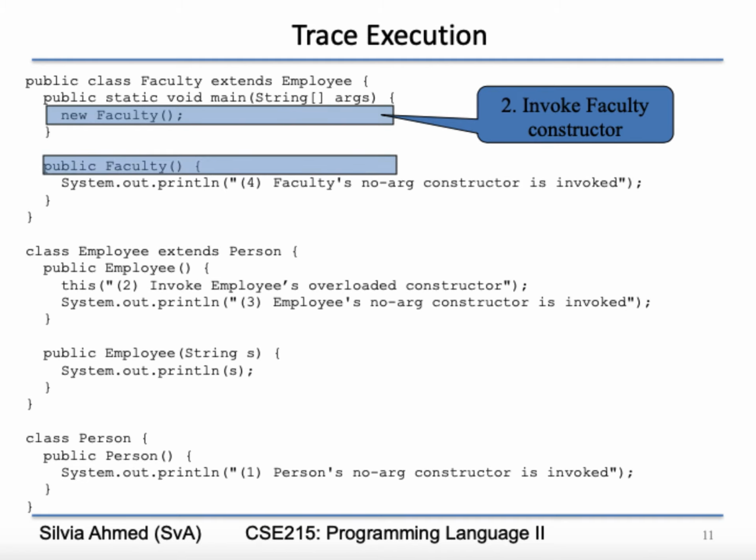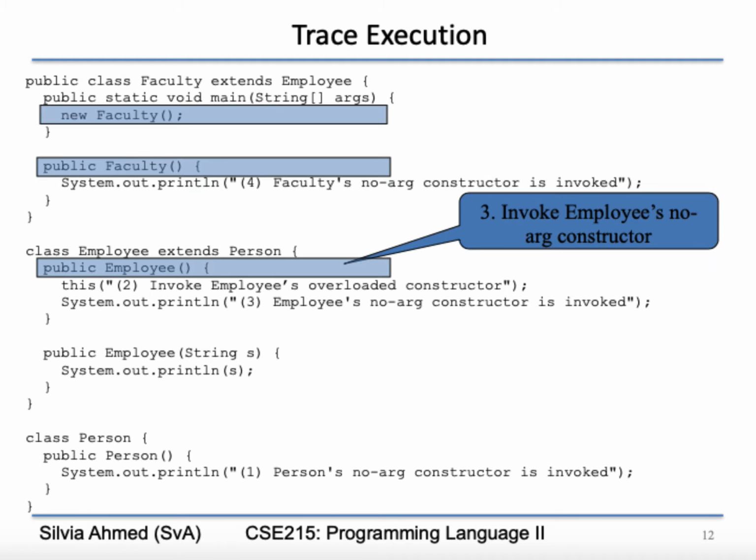Faculty is not a standalone class, rather it's a subclass. So inside the constructor, instead of doing this println line, it must invoke its super constructor. Even if the super constructor is not here, the compiler will put the super no-argument constructor before this line.